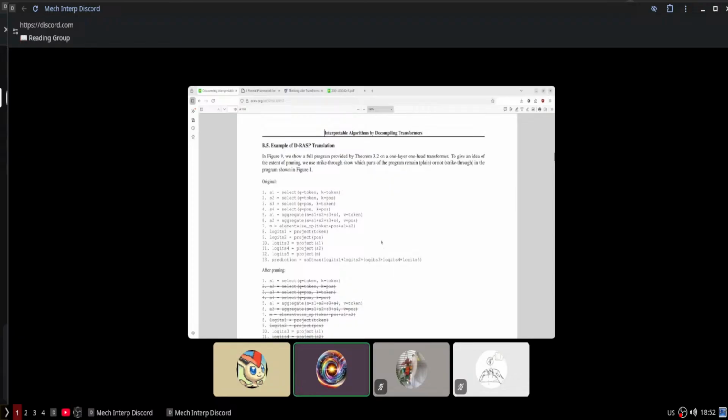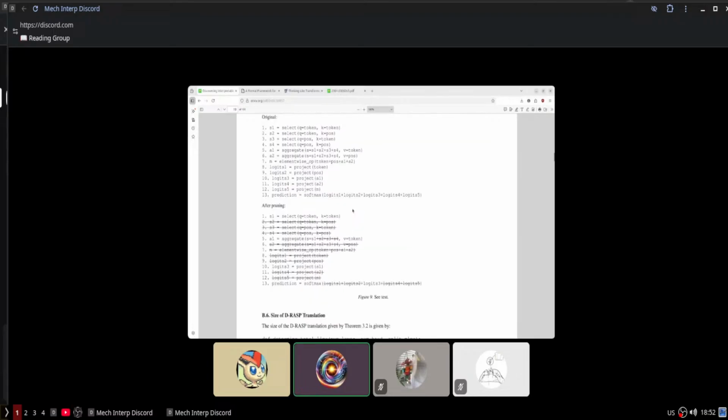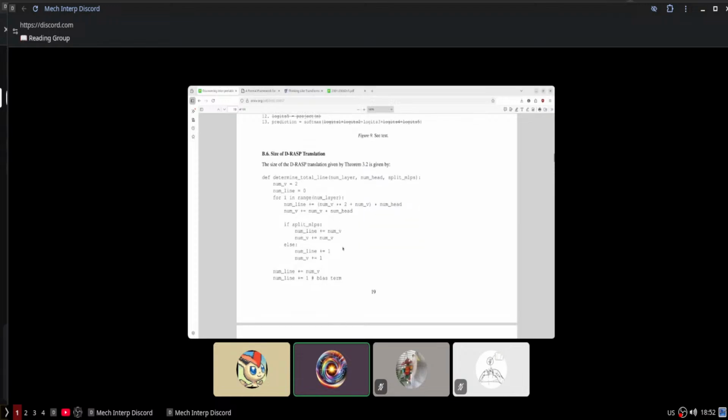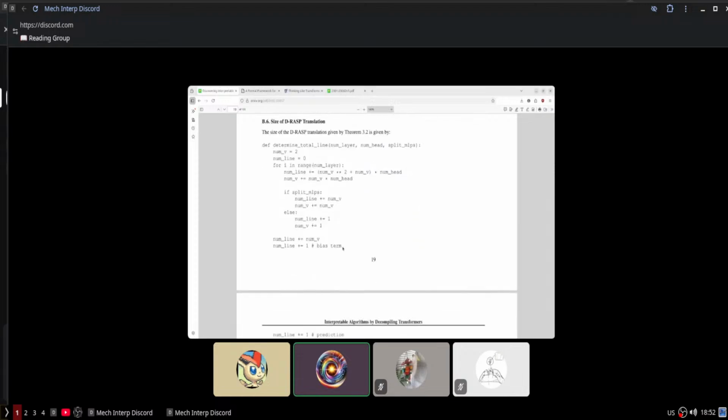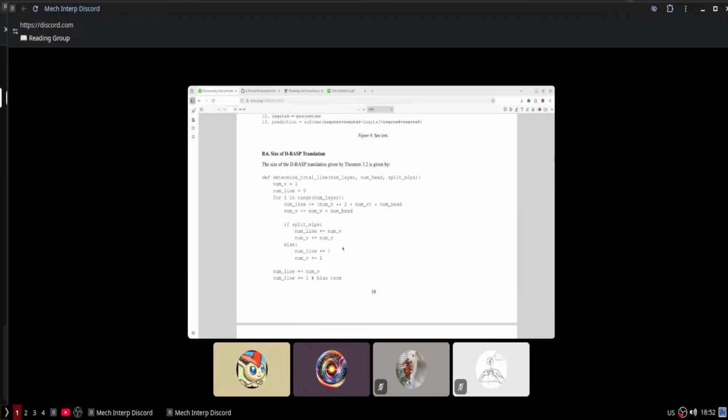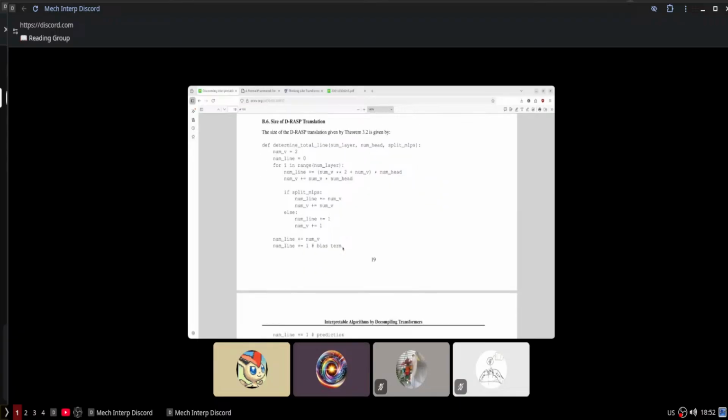Here, if you go right after this example, after pruning the beef 6, you have the exact algorithm for how to compute the number of lines, and apparently the split MLPs indicate... no, okay, somehow in this you have the exponential rise, I think.